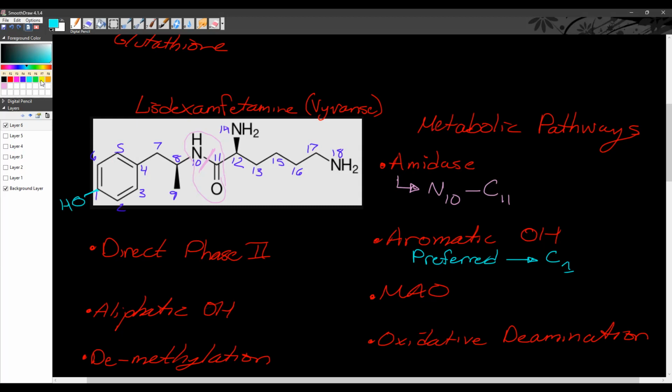How about MAO? Where would MAO happen? Yeah. So MAO, just to clarify, is only on terminal amines. The terminal amine in this case would be N18.